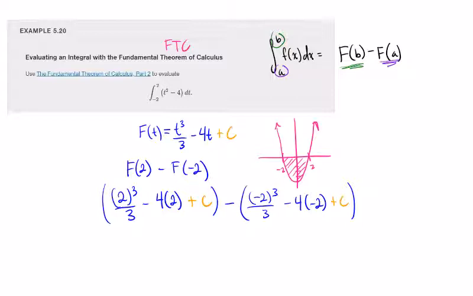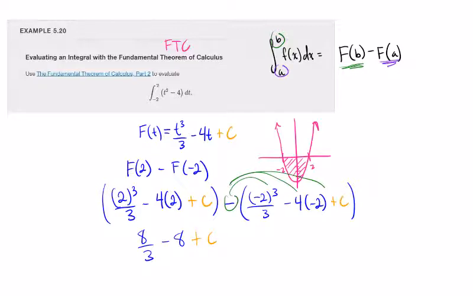So let's evaluate this and see what we get. 2 cubed over 3 is 8/3. 4 times 2 is 8, so it'll be minus 8, and then plus a constant. Here on this side, I'm going to distribute the negative to everything while I'm evaluating.